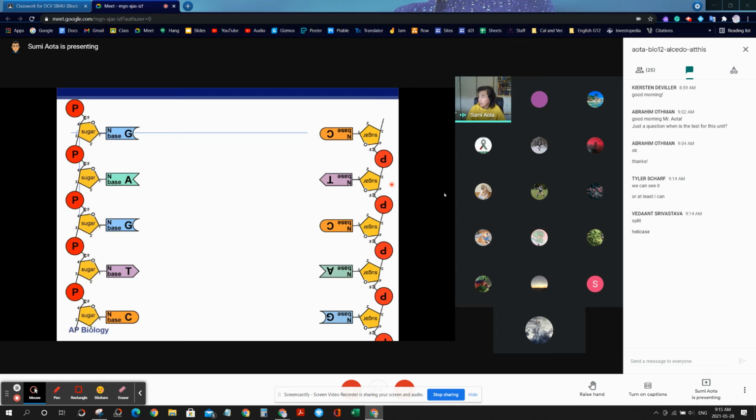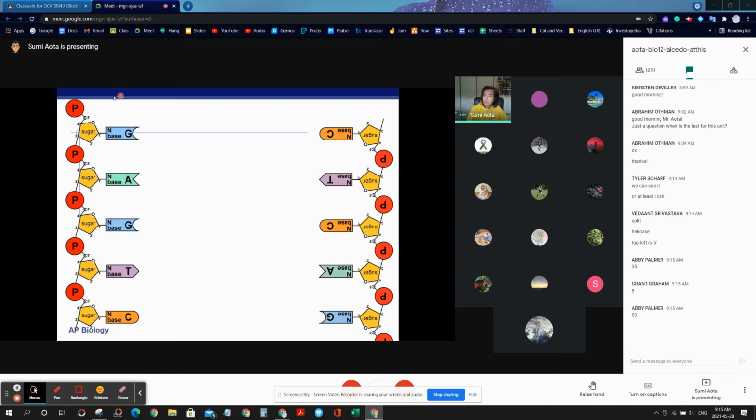Okay, now what that means is we have to start. The first thing we should do is label the 3' and 5' ends. Which end is which? Can anyone tell me what the carbon numbers for these 4 ends are going to be? Is a phosphate a 3' end or a 5' end?